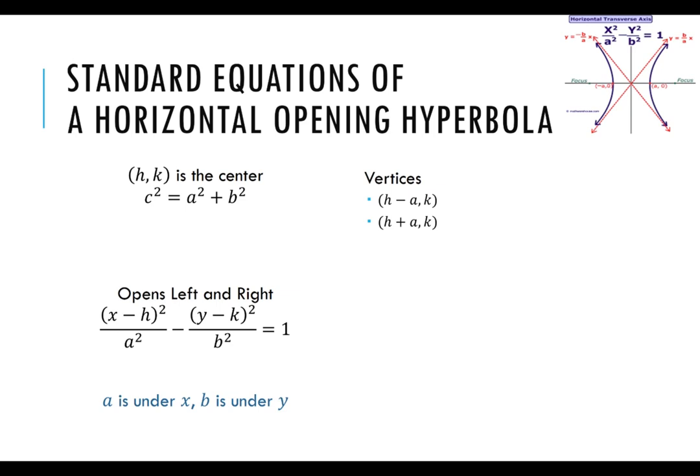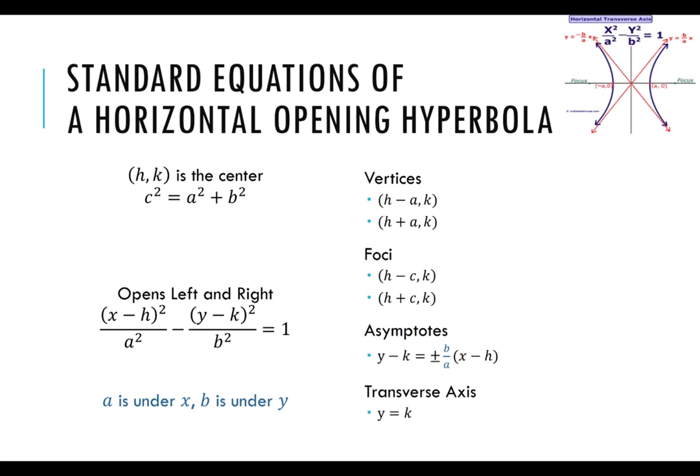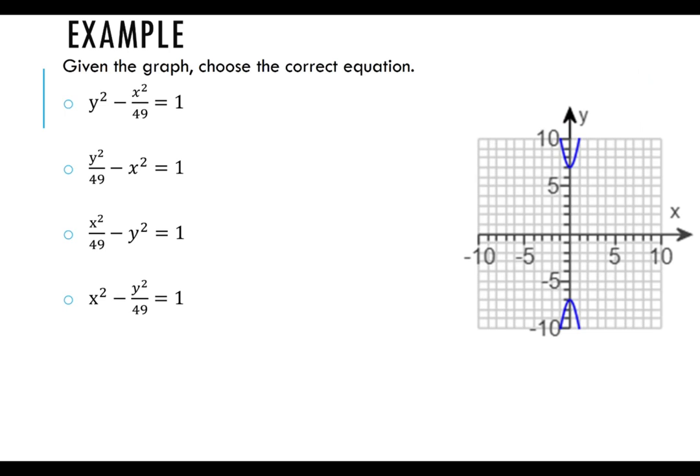Our vertices are going to be to the left a distance of a and to the right a distance of a from our center. Our foci are going to be left a distance of c and right a distance of c from our center. And then our asymptotes are going to be y minus k is equal to plus or minus b divided by a times x minus h. So recognize the differences. And then our transverse axis is specifically going to be y equals the y-coordinate of our center, which is k.